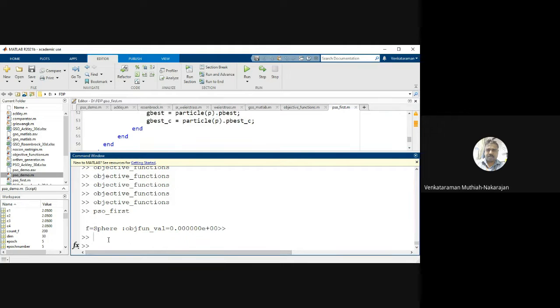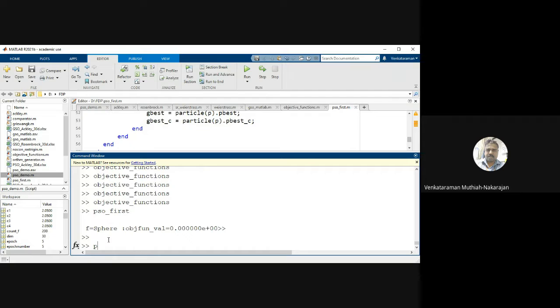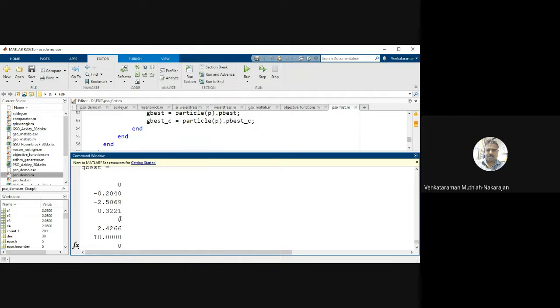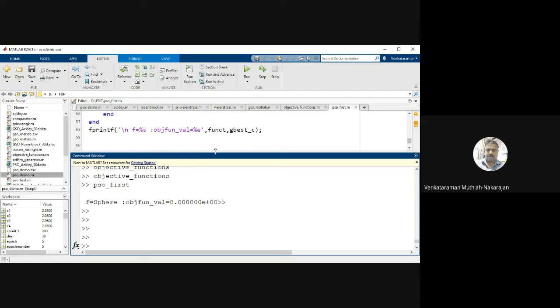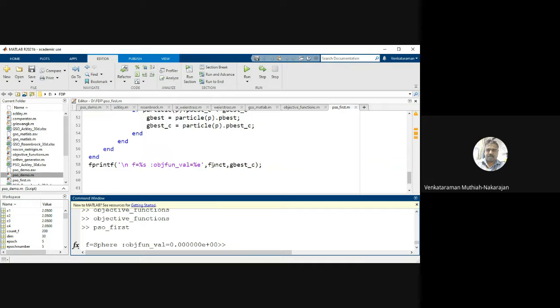Okay, so I'll type the value of g best for you. It's very close to 0 in this case. This objective function value, the global best, is our best estimate for the minimum.